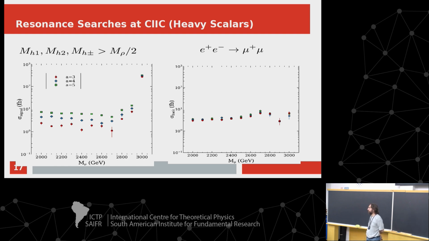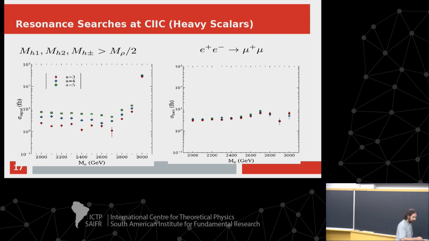The resonances are mainly the gauge bosons of the second SU2. But this means that this SU2 of the inert doublet is not the weak SU2. No, exactly.